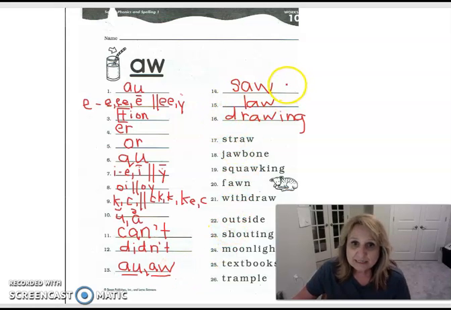Number 14, saw, 15, law, and 16, drawing. Boys and girls, would you code the next 10 words on your own? I'm going to correct them, and I would like you to pause the video, code them, and when you come back, you can check them.